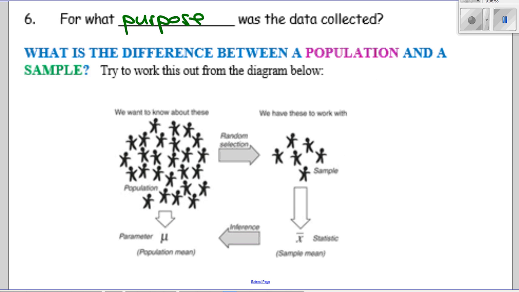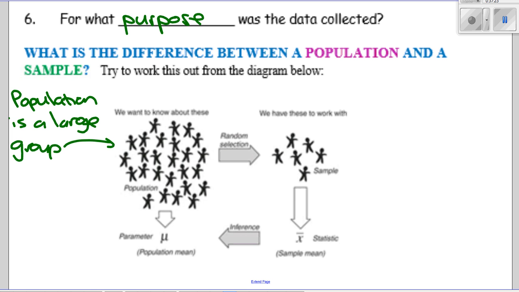Population is a large group, and a sample is a smaller group of that population. It's a subset. A sample is a random selection from the population.